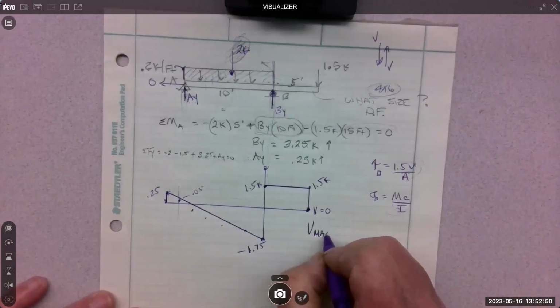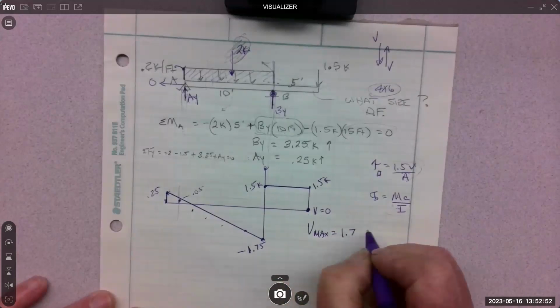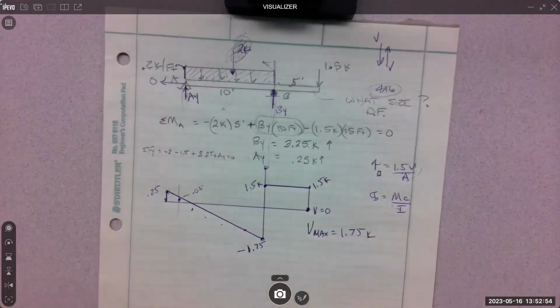Yep, Vmax equals 1.75. Does it equal negative 1.75? Nope, just the absolute value. The negative is important for the moment diagram because we build the moment diagram from the shear diagram. So that's just the shear diagram.